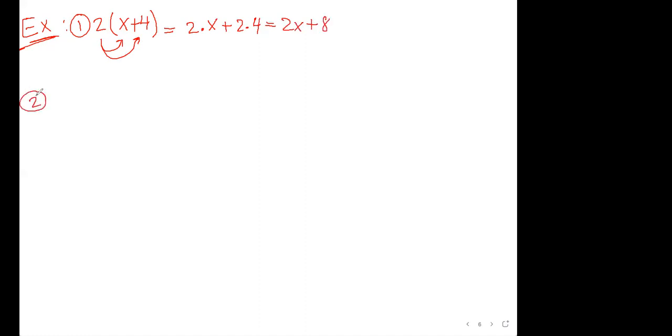Second one. (A plus B) multiplied by (C plus D). What is the answer? AC. Okay. I will simplify this one by using the same idea as before.